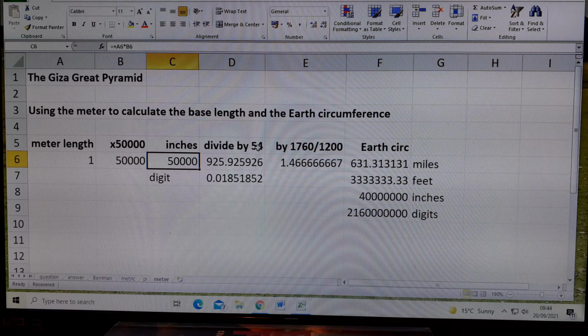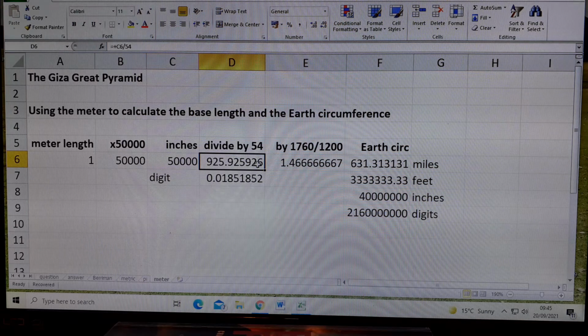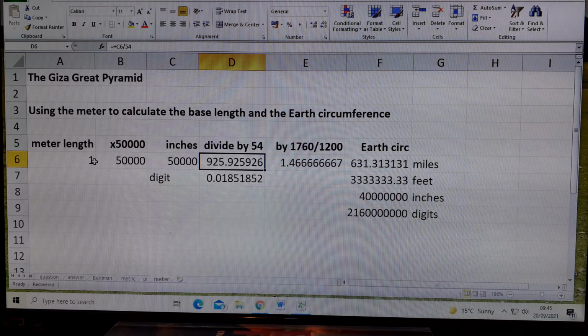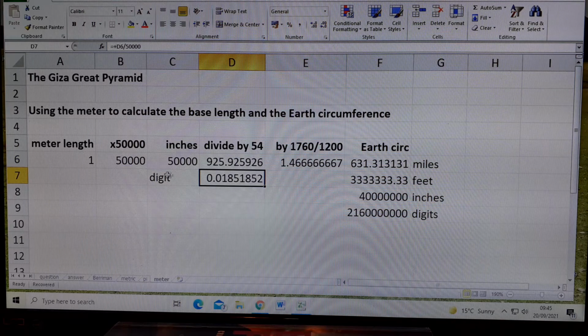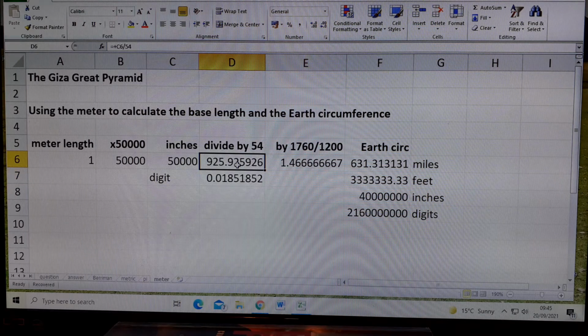We want to turn that into digits, so we use Berryman's 54 digits in a meter, and we find there are this number of digits in the Giza base when the meter length is 1. We divide that by 50,000 to get the digit. So there are 50,000 digits in this Giza base.